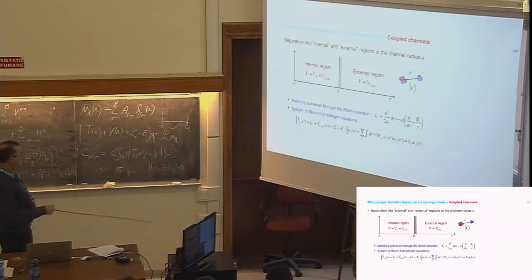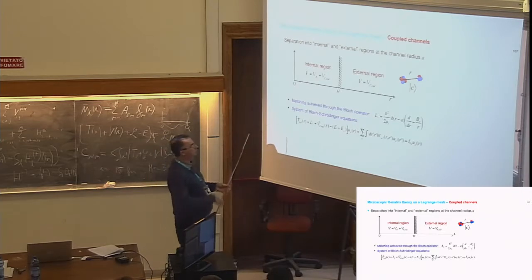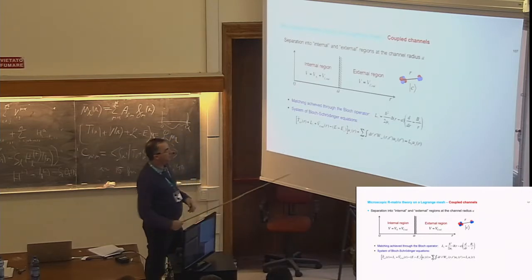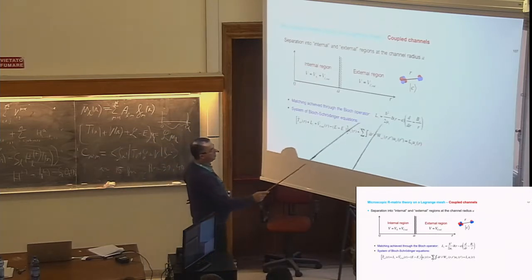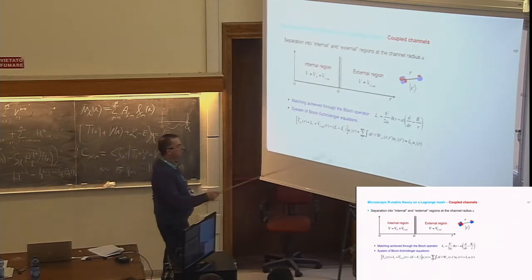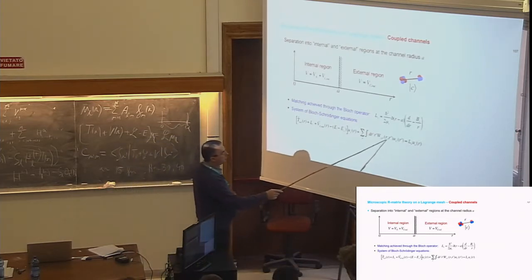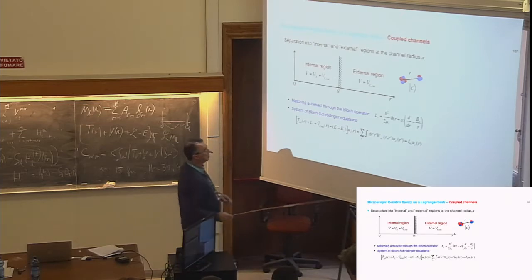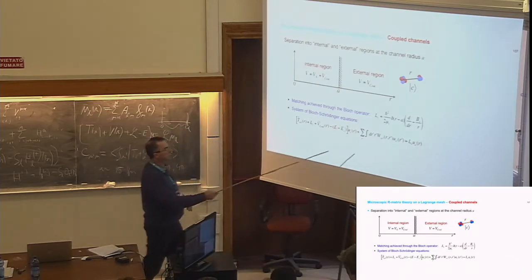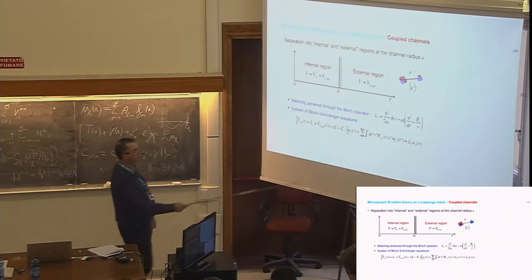So it's very fast. Even if you have many coupled channels, you can imagine that if you have some more complicated problem, then the number of these channels C could be tens or even more. So in the end, it's a very large matrix. Now, if you would do it some other way and discretize your coordinates somehow, then you may need not 30 or 40 points, but maybe 1,000 points.